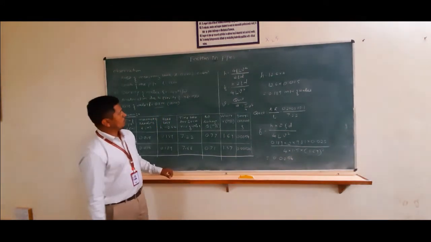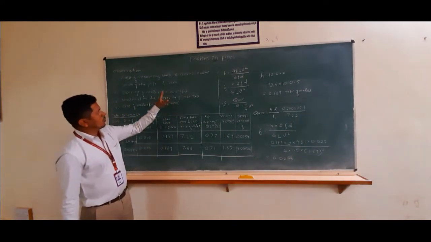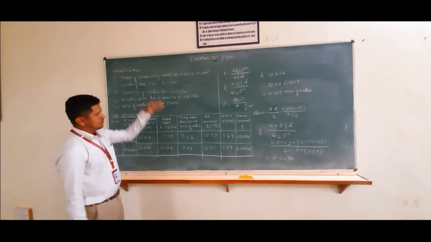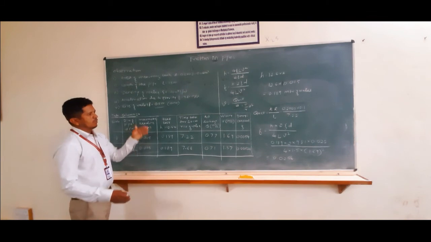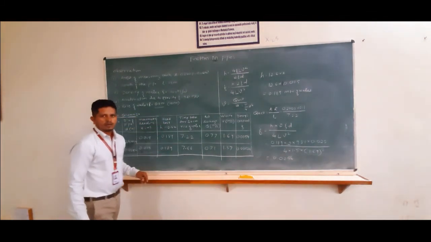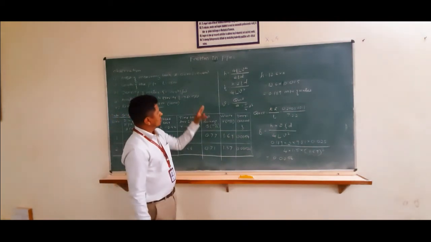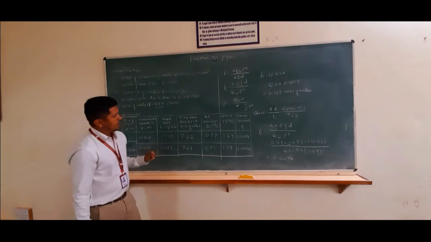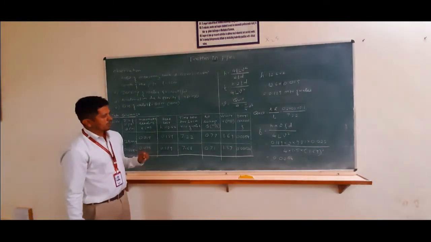In a similar way, for the 12.5 mm as well as the 20 mm diameter pipe, we have to take the same set of readings and do the calculation part. And then lastly, we have to give the conclusion.